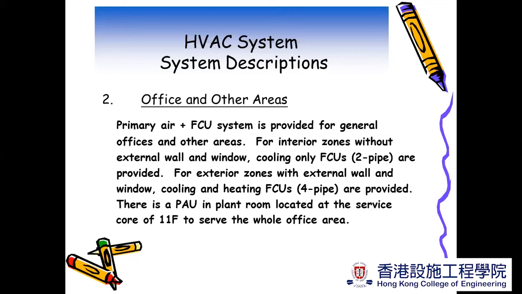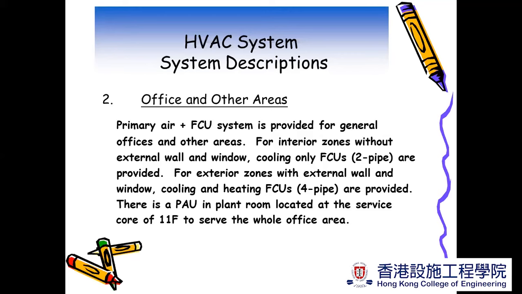And there are two zones. Basically, it's the internal zone where you cannot find an external wall or window, maybe somewhere near the center of the building, like around the lift shaft areas. They use cooling only for the summer, with a two-pipe system.